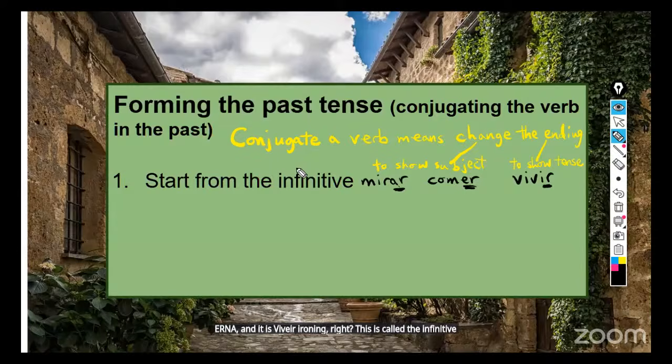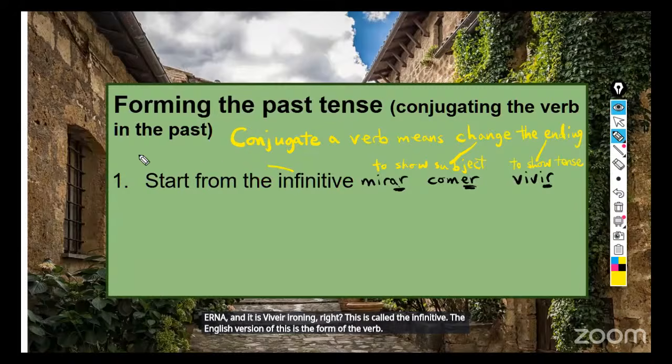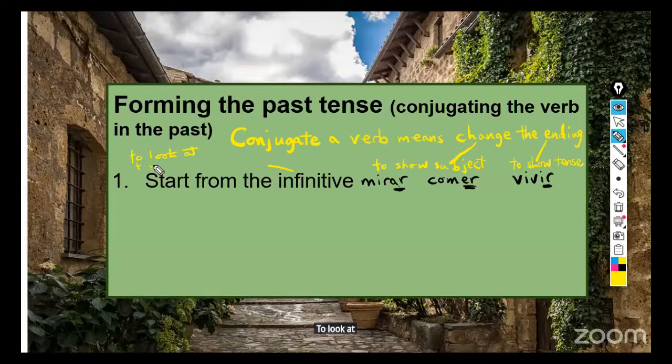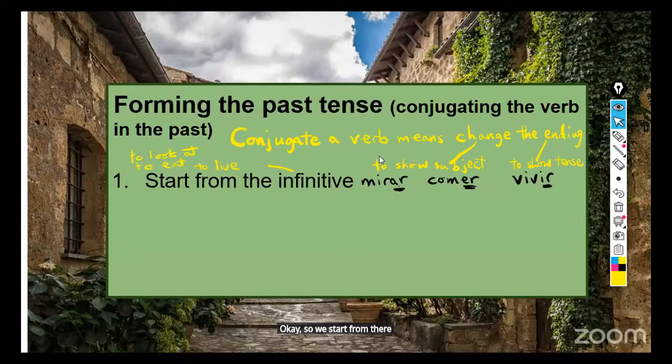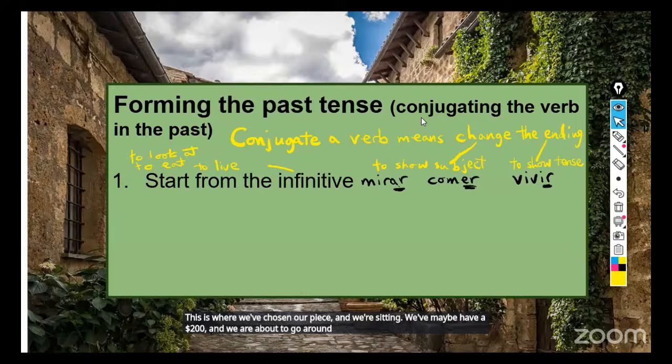The English version of this is the "to" form of the verb: to look at, to eat, to live. And these are the matching translations for the 3 verbs there, yes? Okay, so we start from there. That is our starting point. If we're on a Monopoly board, this is where we've chosen our piece and we're sitting, we maybe have our $200 and we're about to go around the board, right?